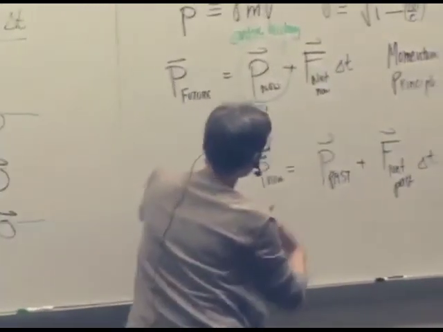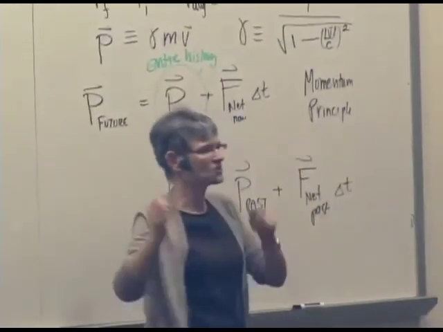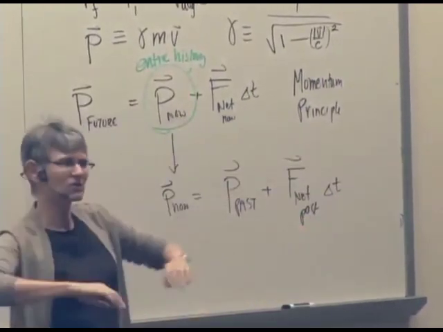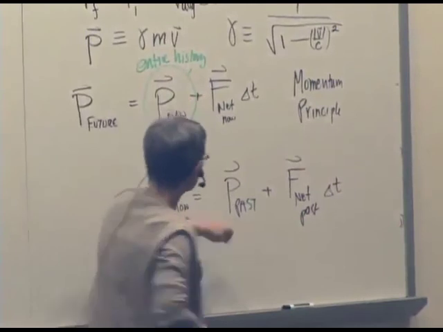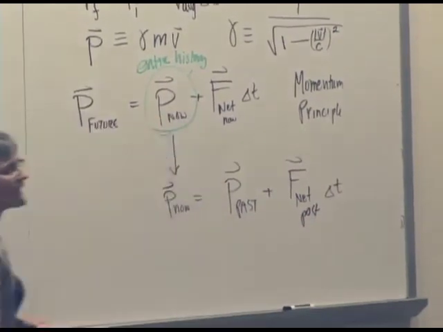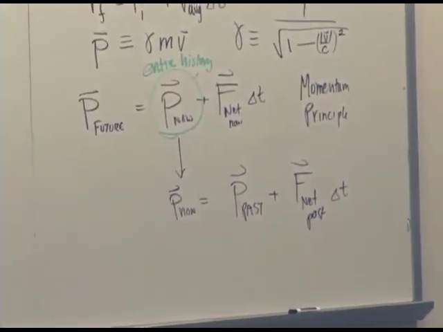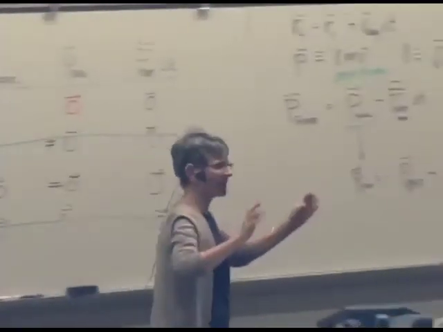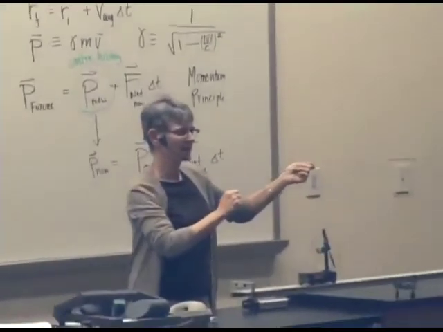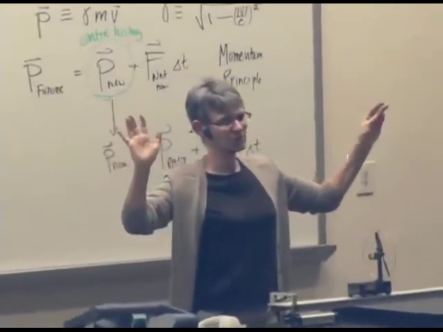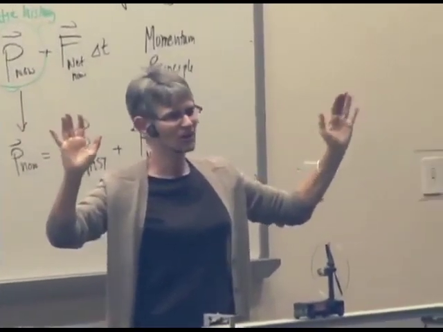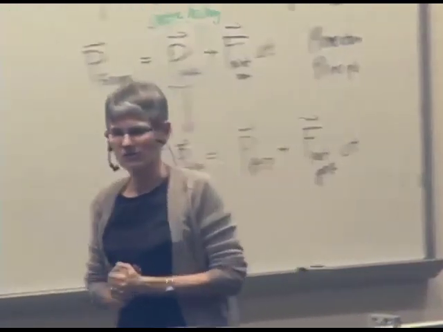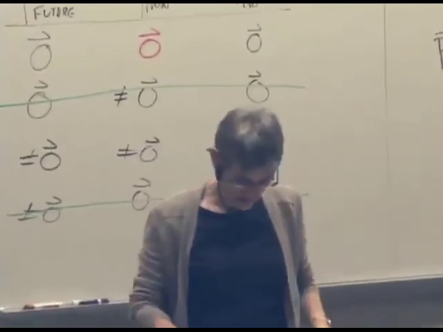So the fact that all the influences in the past, all the pushes and the pulls and the forces, the speeding ups and slowing downs and turnings have been added up into the momentum now, lets us just say, okay, this is very simple. All I have to do is count what's interacting with it right now. I don't have to worry about anything that happened to it in the past. I just have to count what's acting on it right now, and I can predict what's going to happen in the future. So that's a very powerful thing.